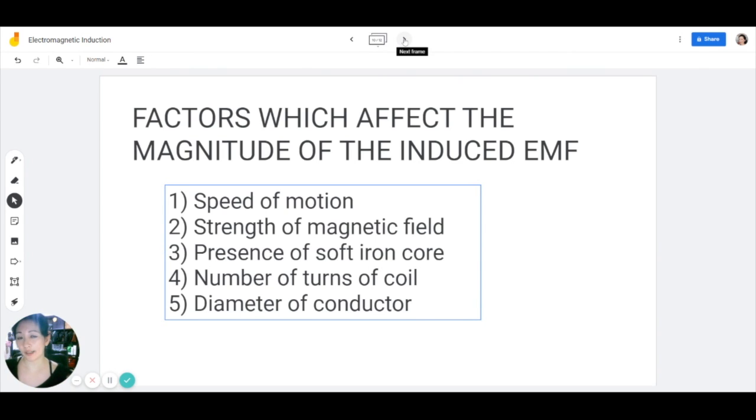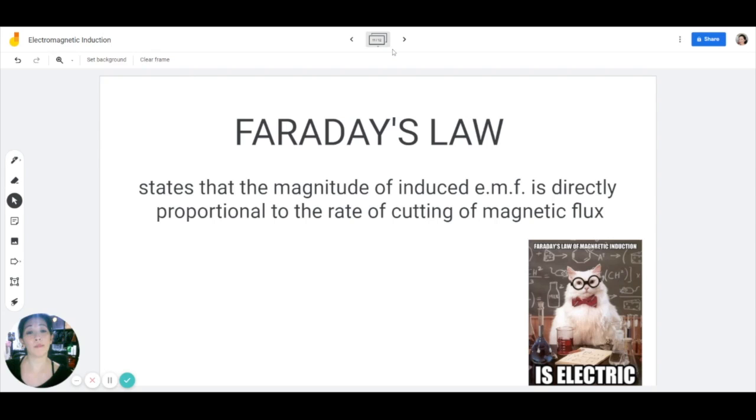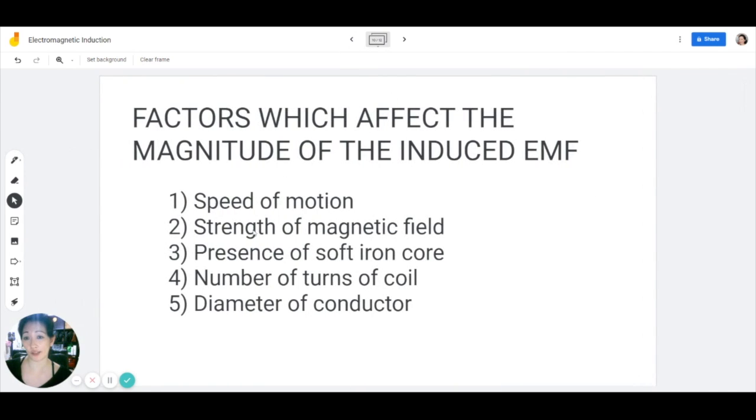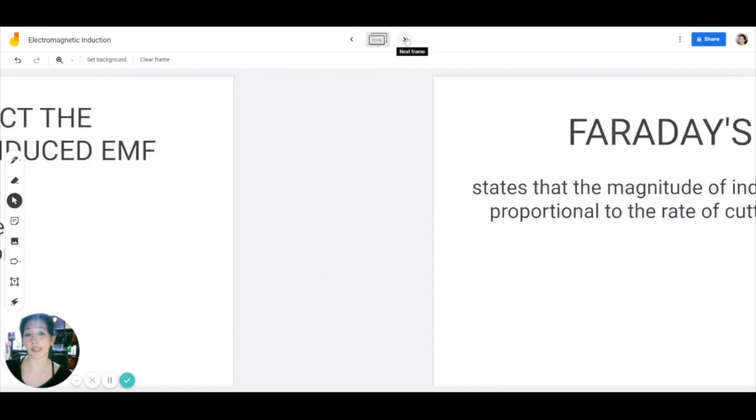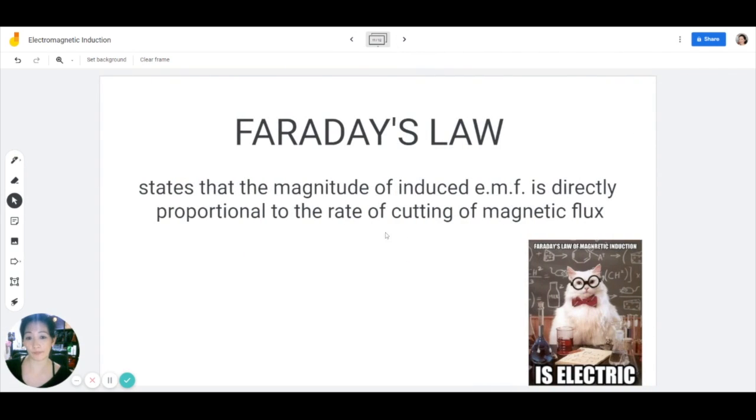Now, all these factors can be explained with Faraday's law. Faraday's law states that the magnitude of the induced EMF is directly proportional to the rate of cutting of magnetic flux. There is a formula related to Faraday's law, but at this level, we don't have to learn the formula, so it is not covered in this video.